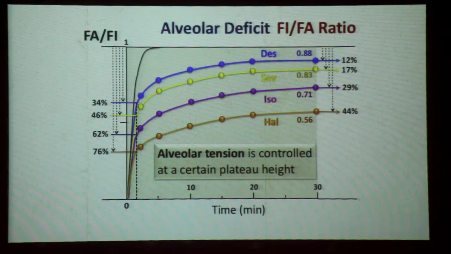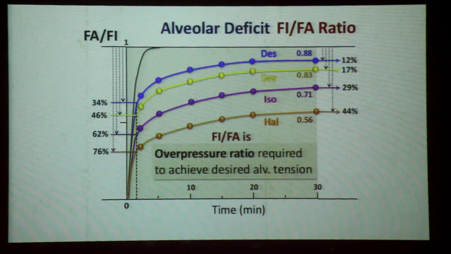It is good to see the Fi versus Fa ratio rather than the Fa by Fi ratio. So if you look at the Fi by Fa ratio, you will know the alveolar tension which will control the plateau height. And this is the genesis of overpressure ratios, or overpressure, because that is the desired alveolar tension you want to achieve as fast as possible.